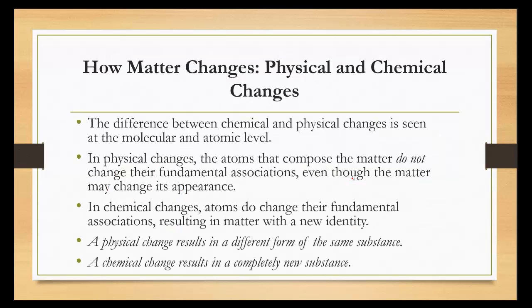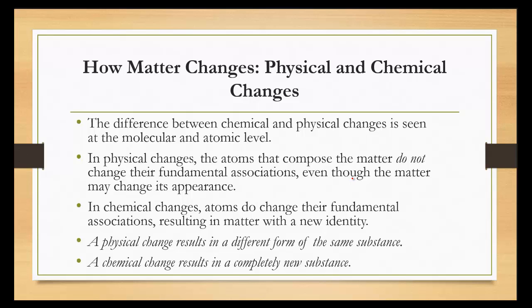The difference between physical and chemical changes is seen at a molecular and atomic level. In physical changes, the atoms that compose the matter do not change their fundamental associations. So in other words, during physical changes, whatever it's bonded to will still be bonded to at the very end. It's still considered the same thing, even though the matter may look different.